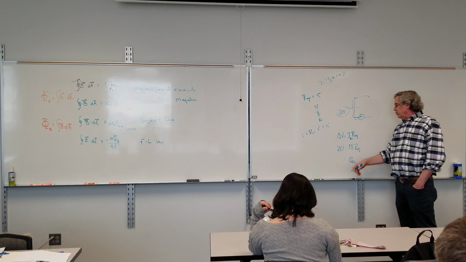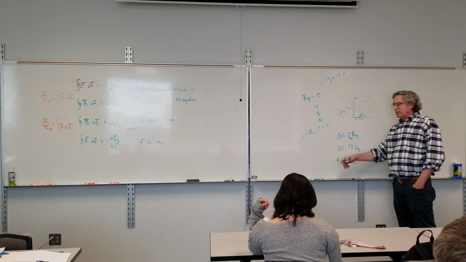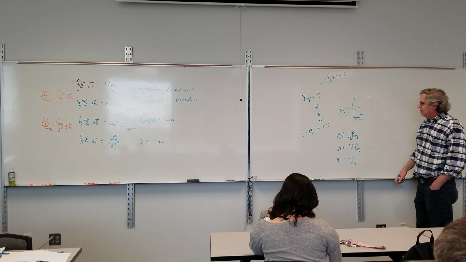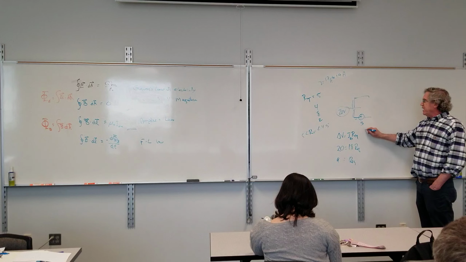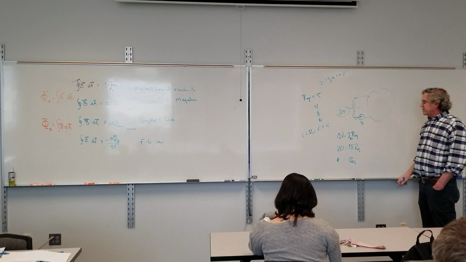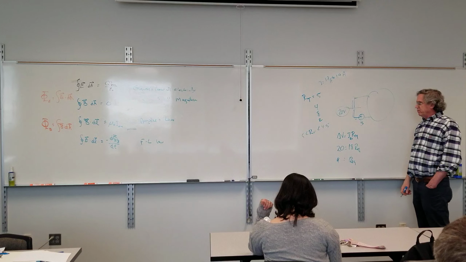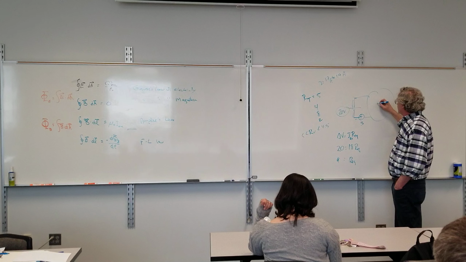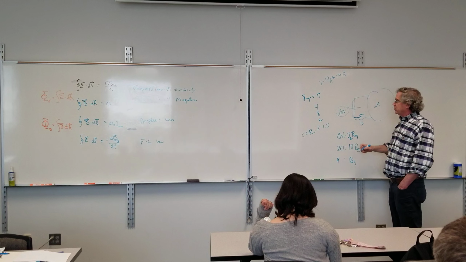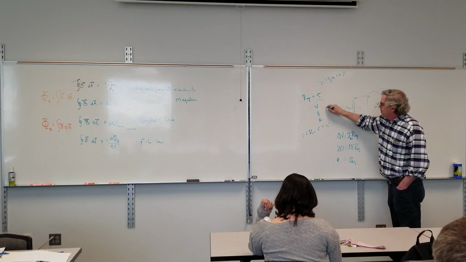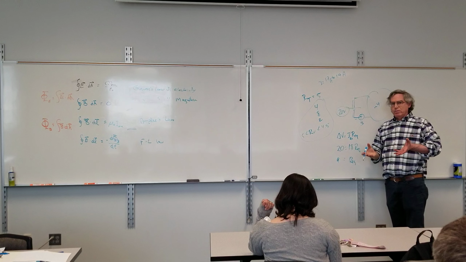So 20 divided by 1.8, we'll just say 9 for this. If the toy is 5, then I know that everything else has to add up to 4. So as long as this is around 4 equivalent resistance, then I'm going to be good.